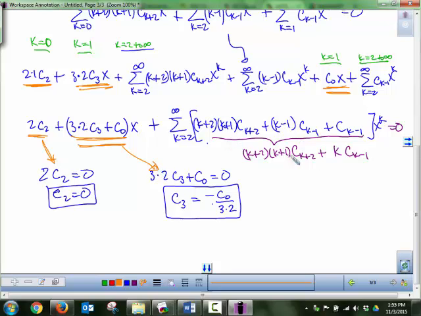Now I have to find the relationship when k starts from 2 and see what other c values I can get out of this. So when k is equal to 2, this thing is going to be equal to 0. So k is equal to 2, I have 2 plus 2 is 4, 2 plus 1 is 3, c sub 4 plus 2, 2 minus 1 is 1, and that's supposed to be equal to 0.